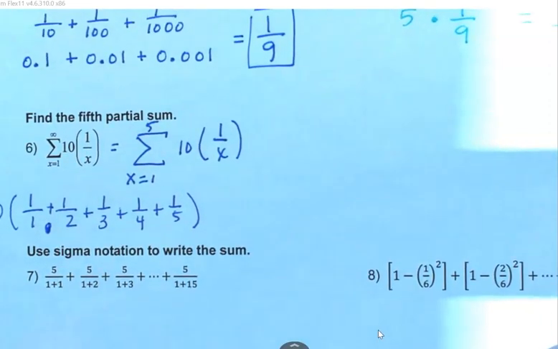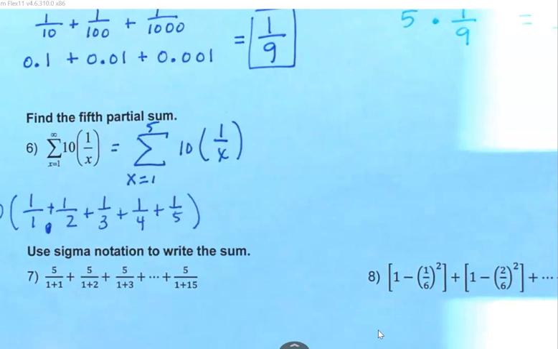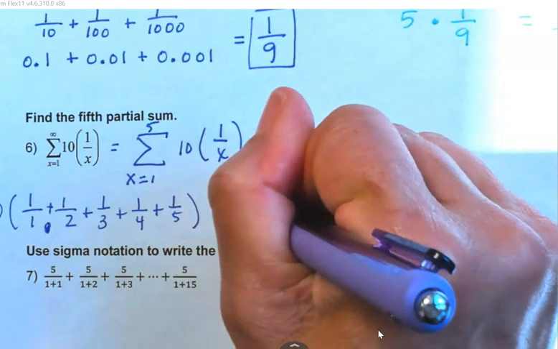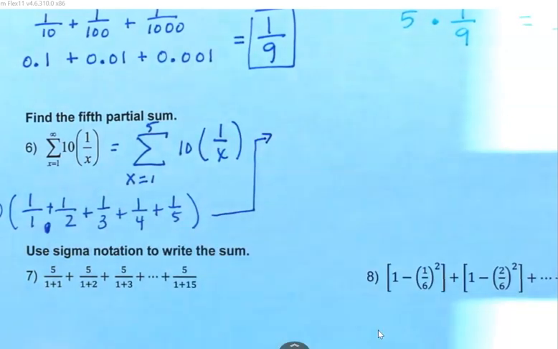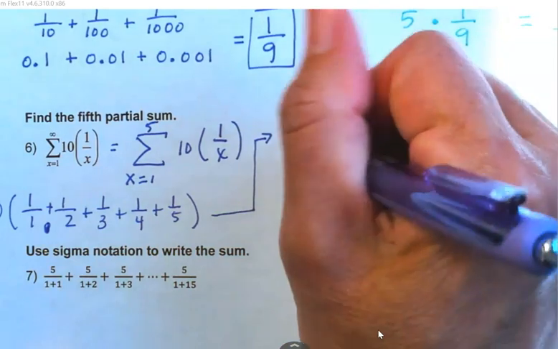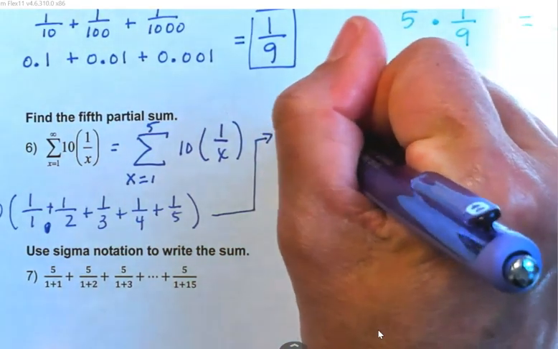All right, we're going to have to add these fractions, which means we are going to have to find a common denominator. Let's do that now. So, guys, a common denominator of 1, 2, 3, 4, and 5 is 60. So we're going to write all these as 60s.